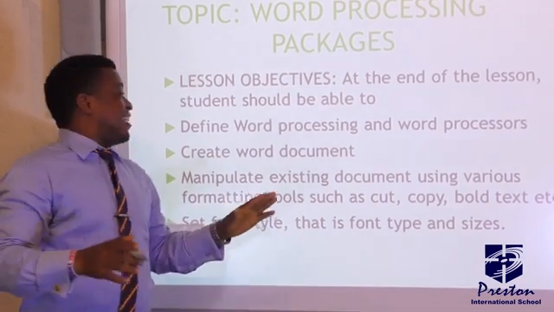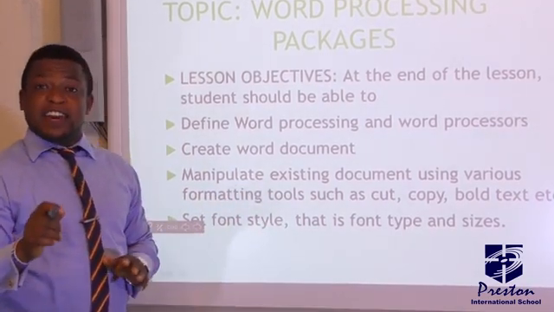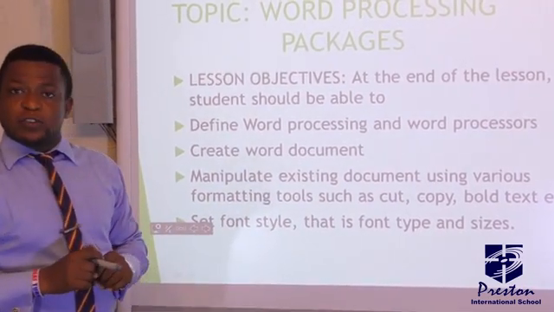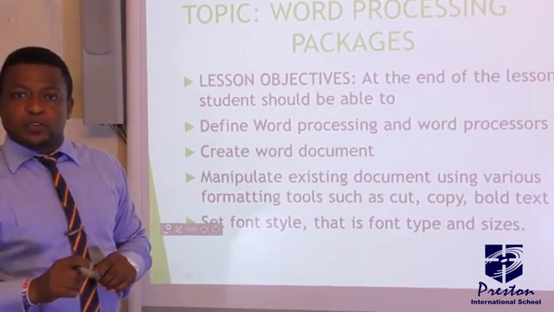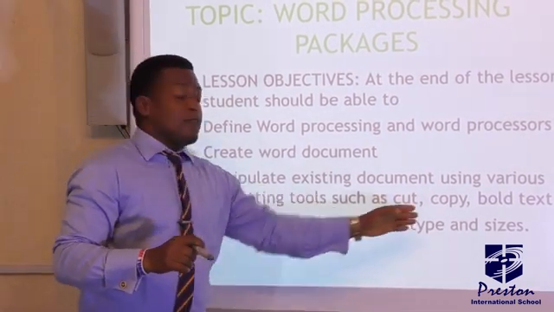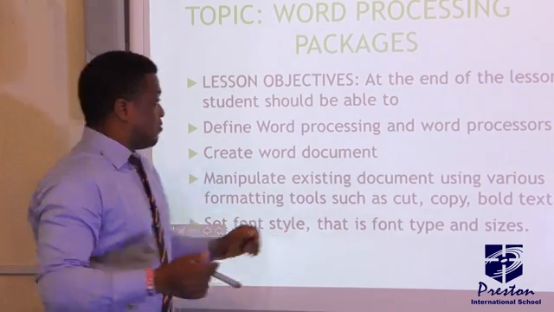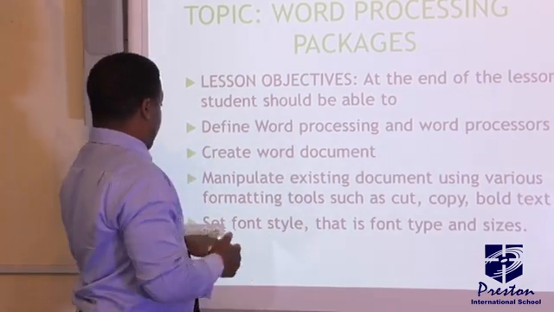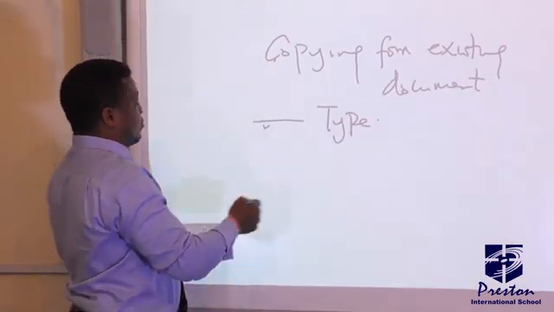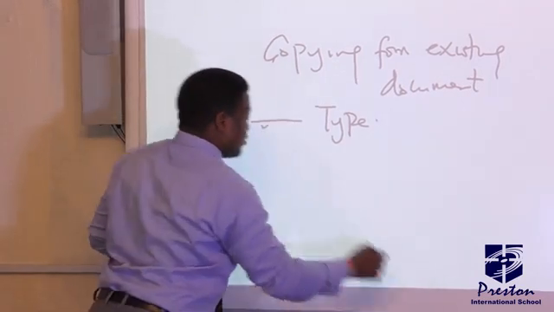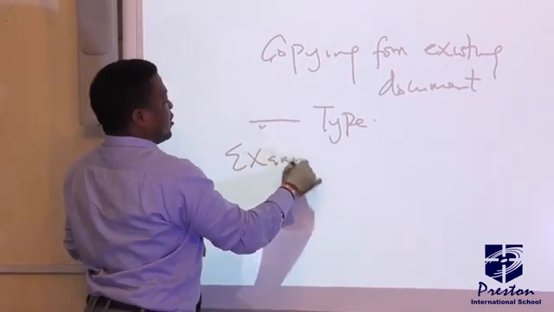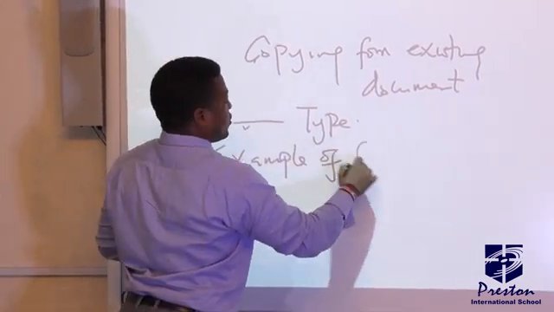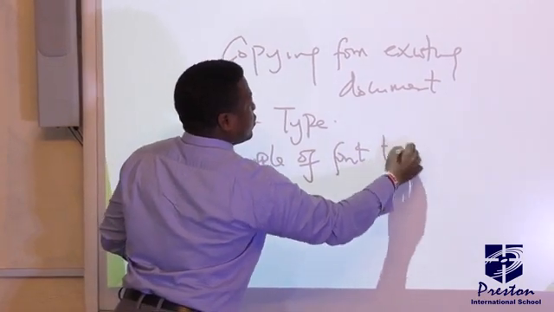So, the last one, set your font style. Now, font styles, there are several of them. I think last year, NECO asked this question to give 6 examples of various font types available in Microsoft Word. What are some of the examples? I know you know. So let's look at some examples of font types.